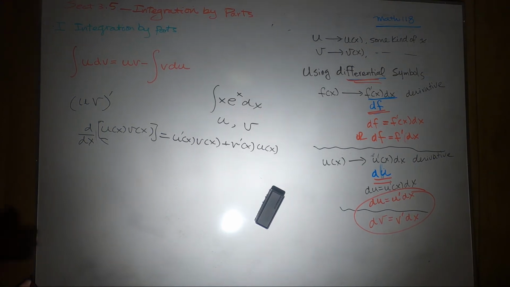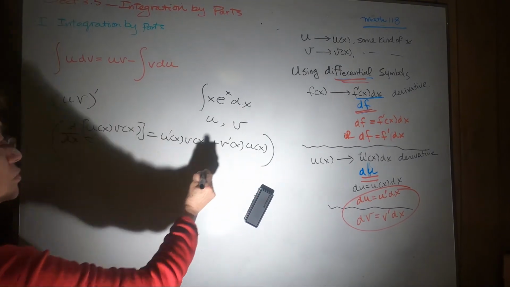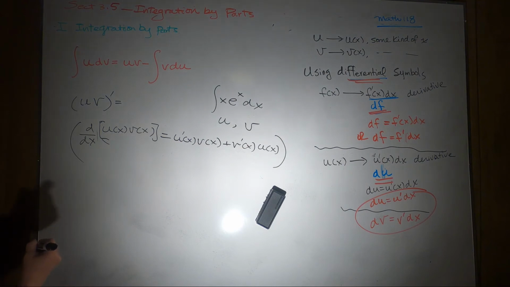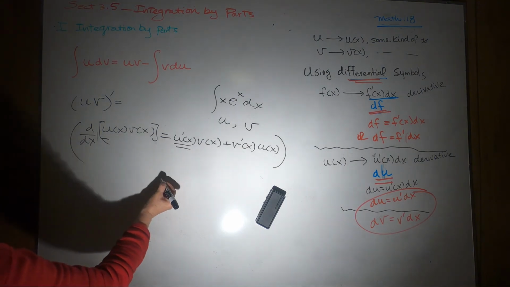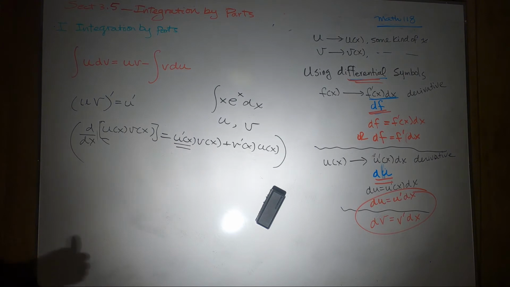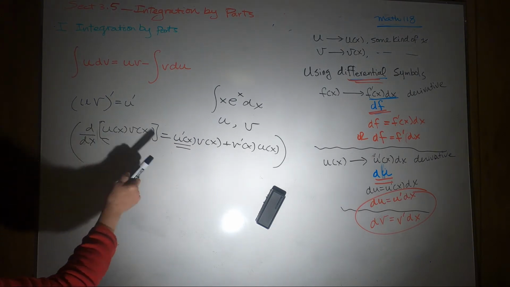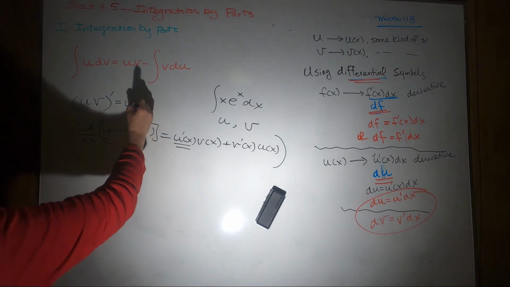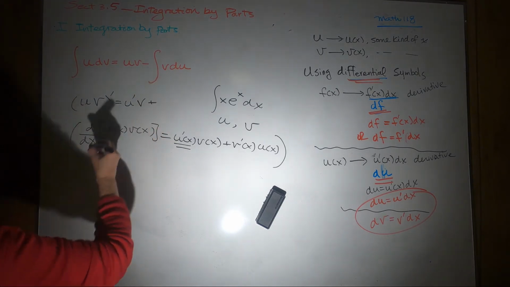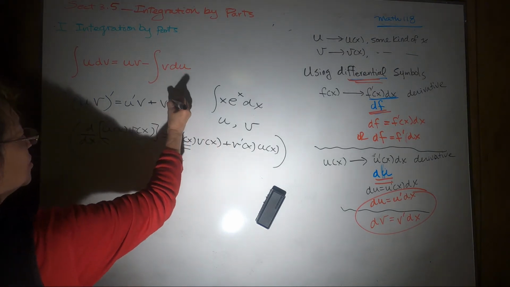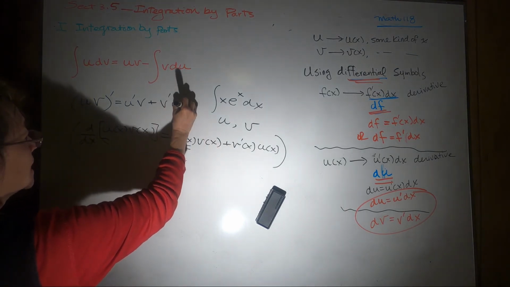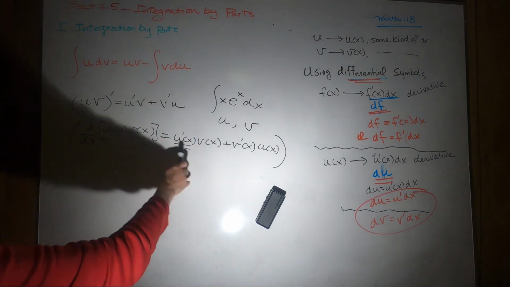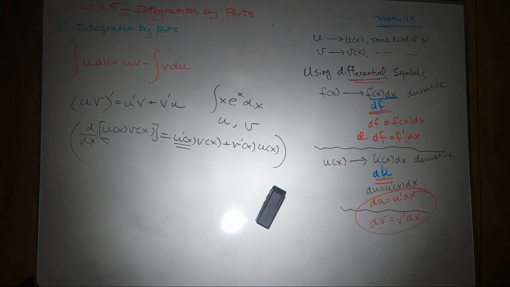So by the product rule, what do we have here? This one means u prime, and we use u and v directly because they are functions of x. So that would be this plus v prime times u, by the product rule.